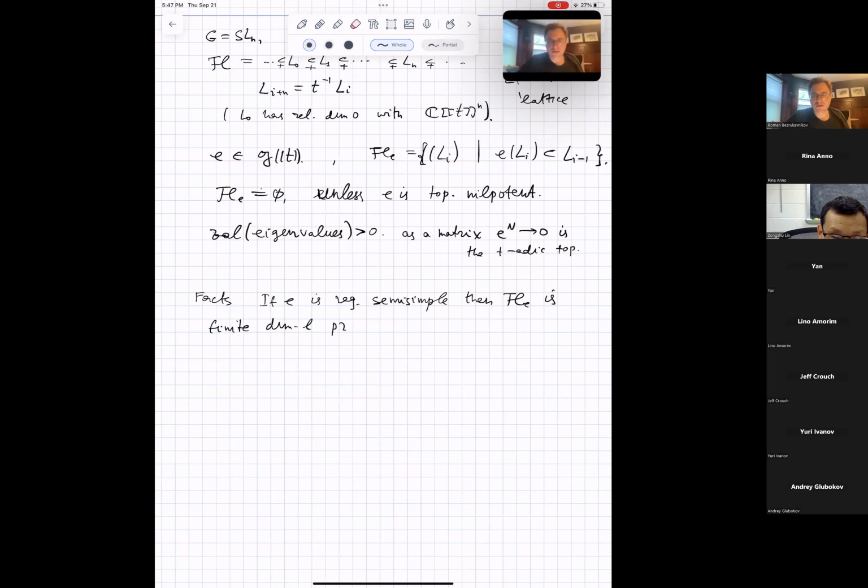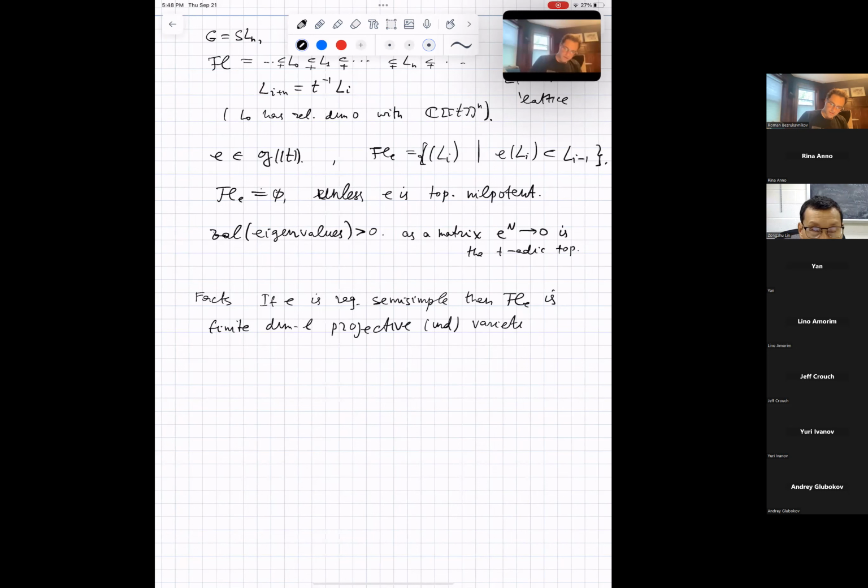Let's say eigenvalues in the adjoint representation have to be non-zero. Then full E is finite dimensional, projective, but possibly a non-irreducible variety.